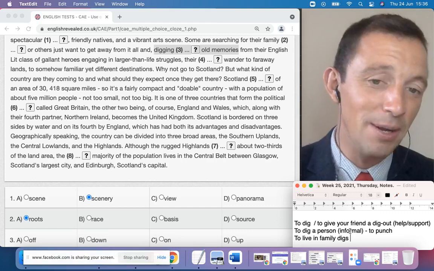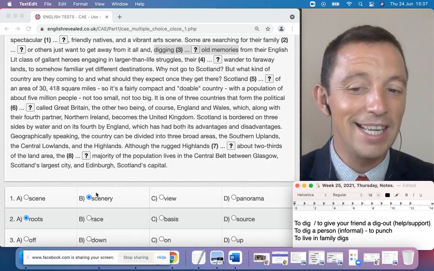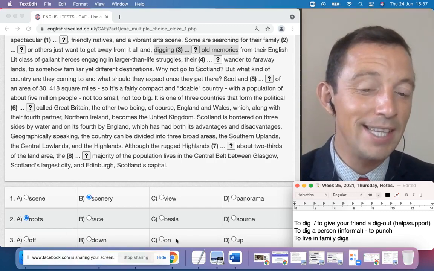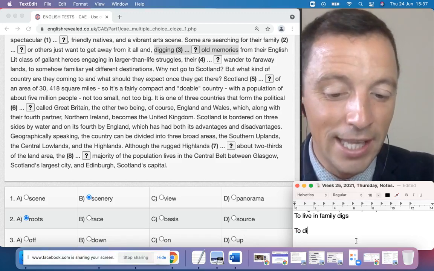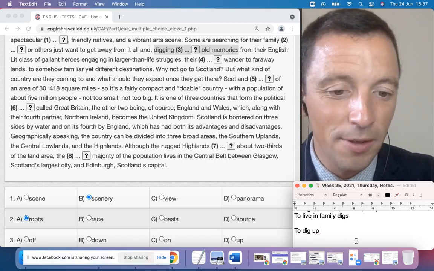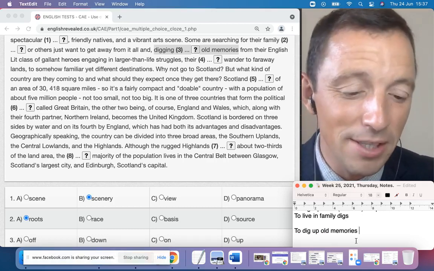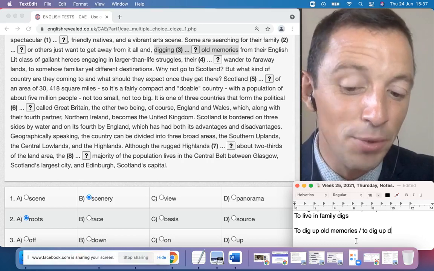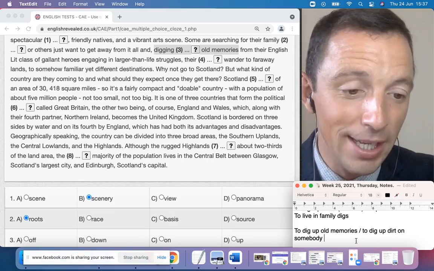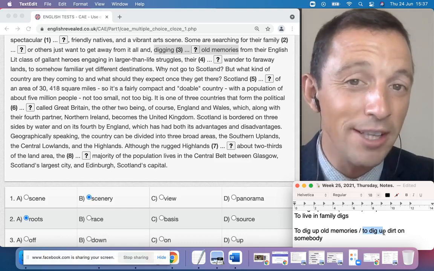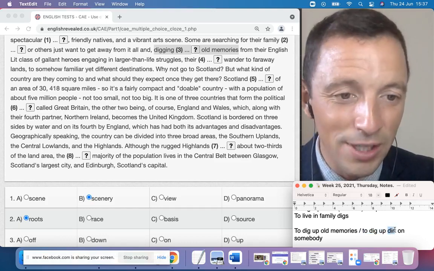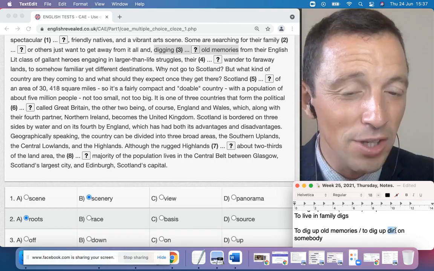Okay, so it is a very important word, but in this context, dig off, dig down, dig on, dig up old memories, and I hope you have a good idea, but the best possibility is to dig up old memories. That's positive, but you can also say to dig up dirt on somebody, and that means that you try to find, you excavate, you try to find bad stories, bad news, bad gossip about a person.